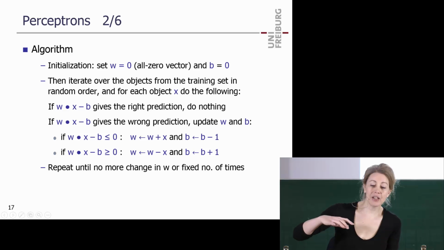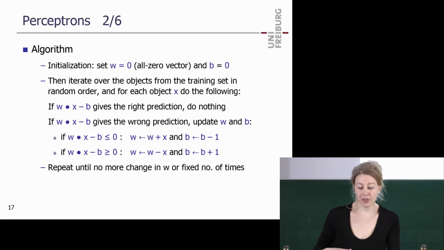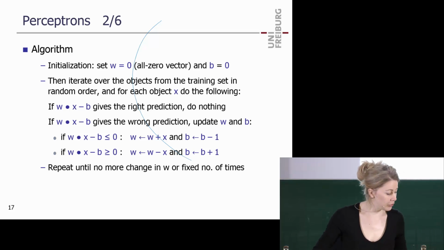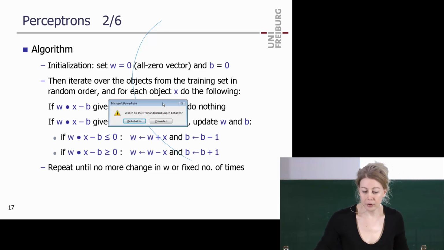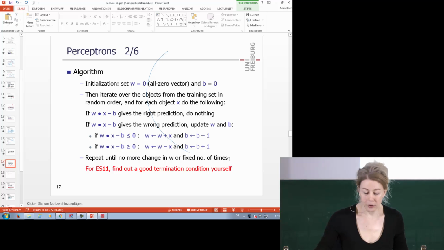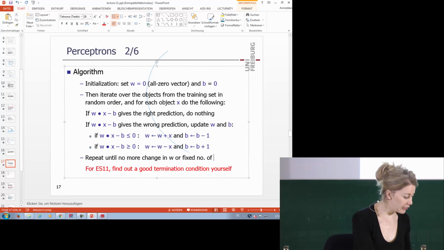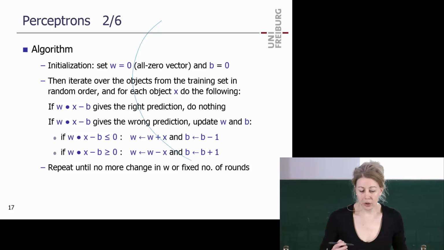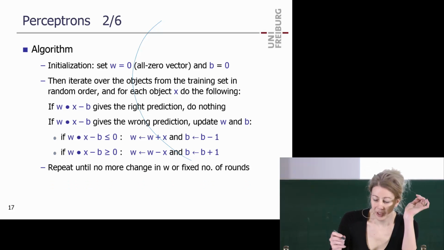One iteration here is always, maybe I should write this, a fixed number of rounds. And again, it's the question, when do you terminate? But you're already pros now, so you find one yourself, right?